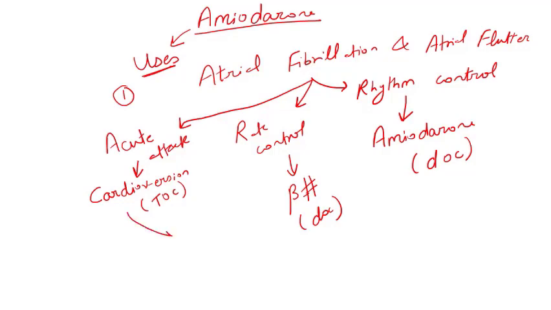Now, if cardioversion is not effective, then we will give ibutilide intravenous, the drug of choice for an acute attack of atrial fibrillation or flutter. Then we will repeat cardioversion.